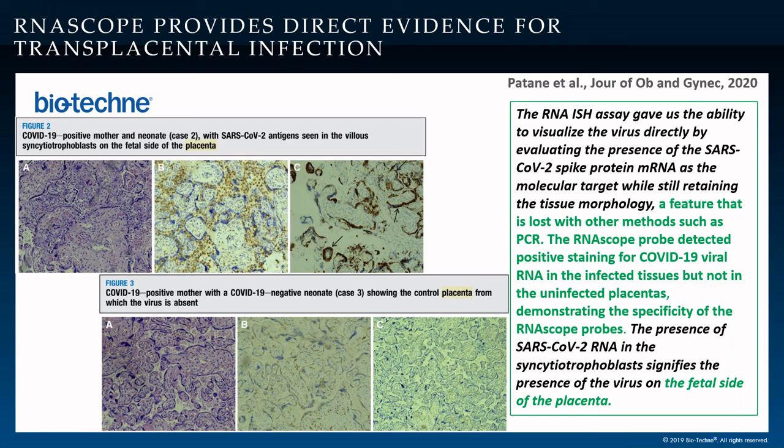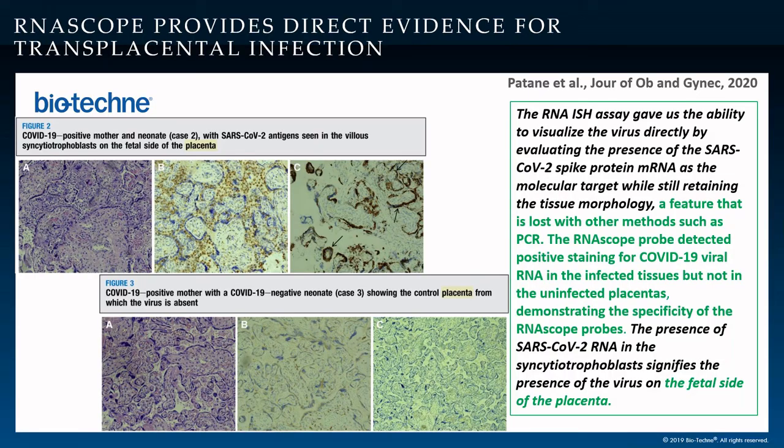The RNAscope assay validated the presence of SARS-CoV-2 RNA in these infected placentas, supporting the possibility of vertical transmission of SARS-CoV-2 from mother to baby in utero, a study that really helps researchers understand the prognosis of pregnant mothers that have tested positive for COVID.